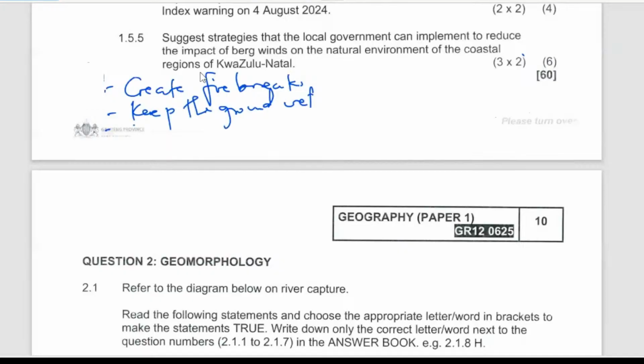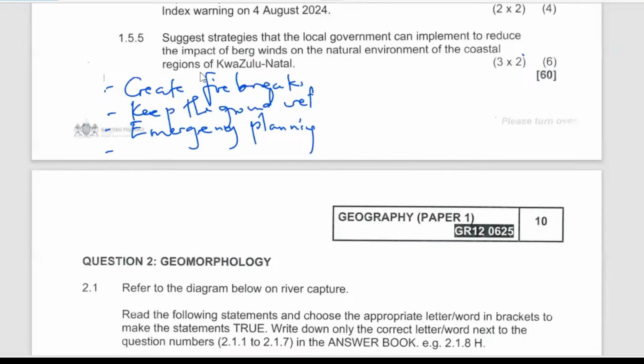And also we can talk of emergency planning. If we have emergency measures in place, we can try to limit the effect of the veld fires on the environment. If, for example, we have emergency ways of stopping the spread of fire or of getting out the fire in an emergency situation, then it means we are going to lessen the burden on the environment.